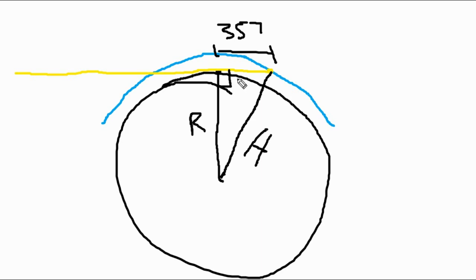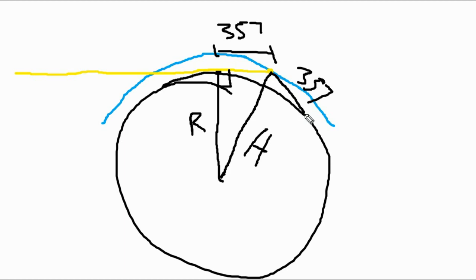Which means if we go to the same thing on this side, anything past this, we can't see it. So this will be our observing point. The observing point will be 357 kilometers away. In other words, if the cloud is 10 kilometers high and the sun is hitting it, you will be able to see it from 357 kilometers away.